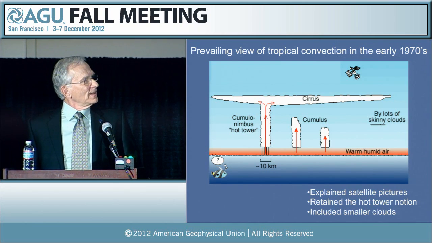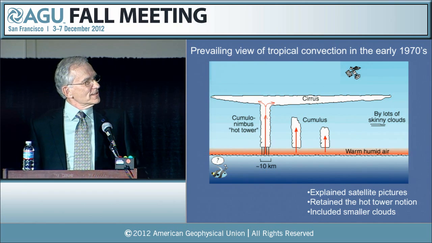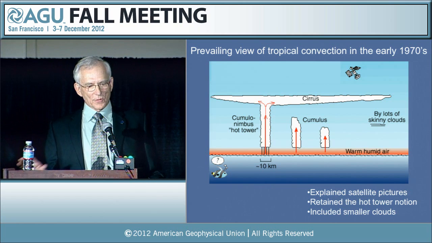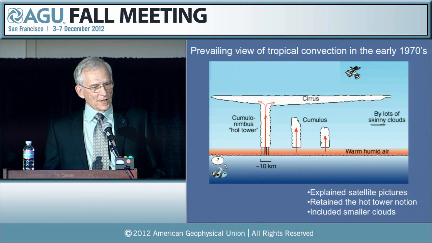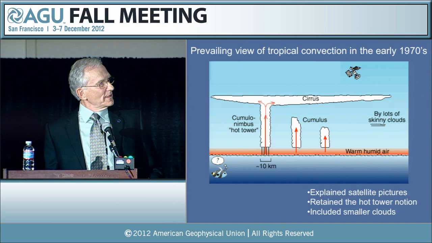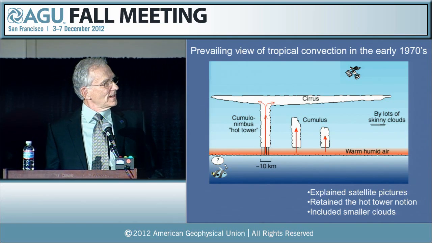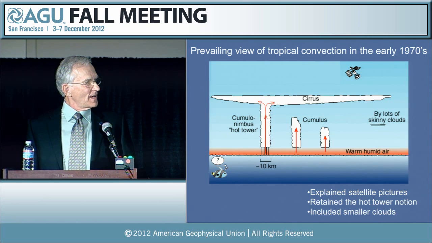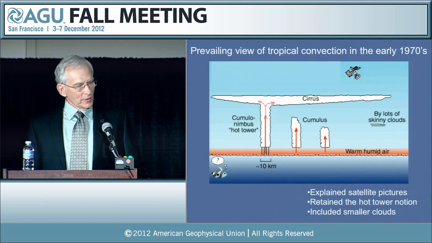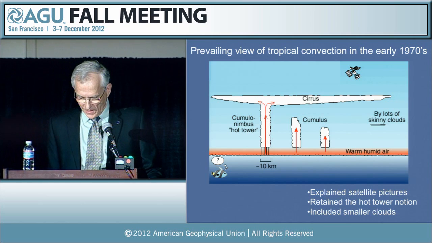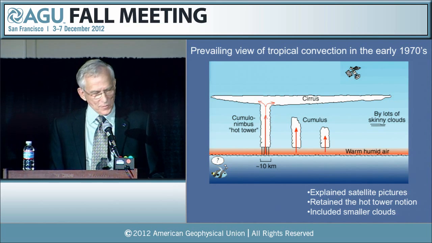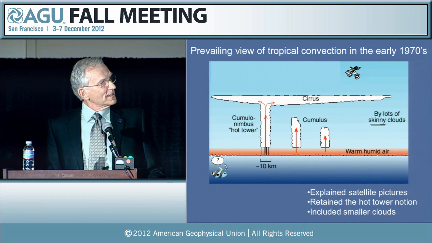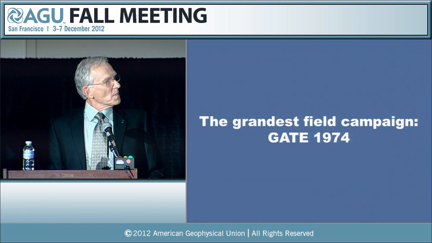They said, well, really, there is this thin veil of cirrus that's put out by the deep clouds, but it covers up the population, which really does look like a lot of small area plumes coming out of the boundary layer. And so this explained the satellite pictures, retained the hot tower notion, and included the smaller clouds. So it was a neat package that kept everything in there. The experiment was planned pretty much with this hypothetical view of the cloud population in mind.